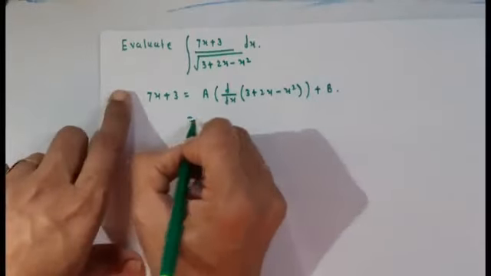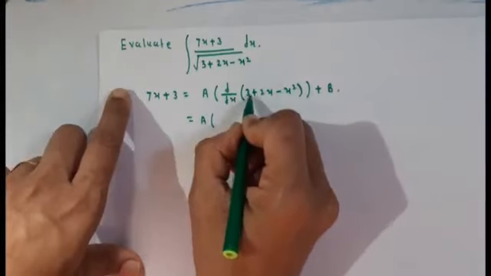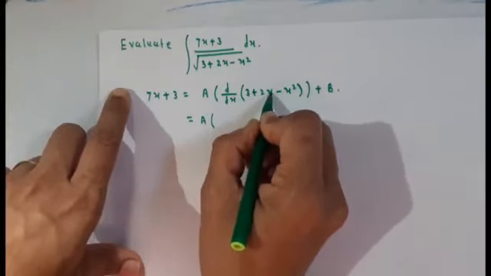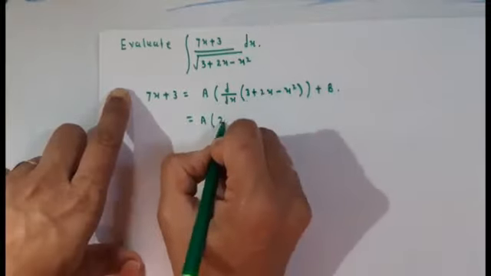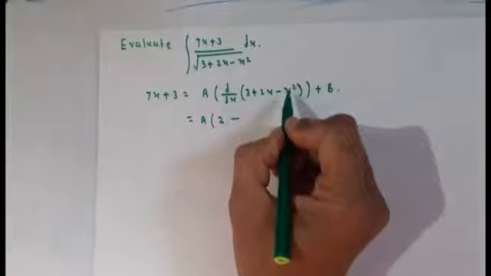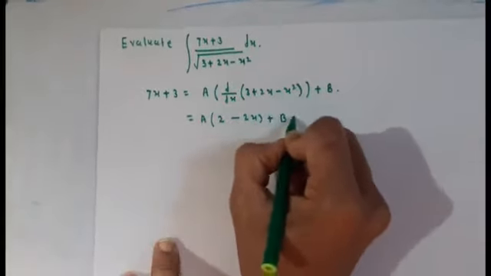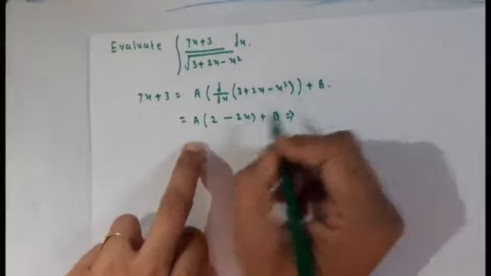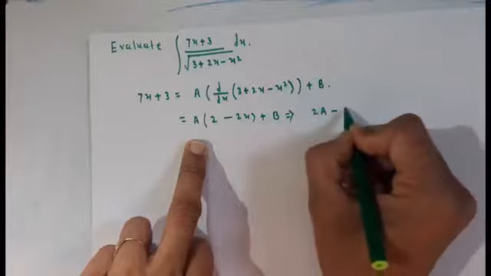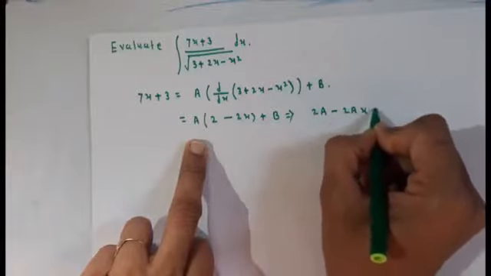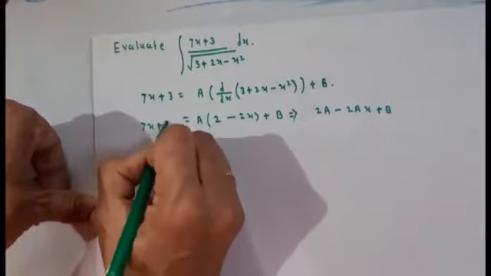So this is a into the derivative of 3, which is 0, plus 2 into the derivative of x with respect to x, which is 1, that's why the derivative of 2x is 2, minus the derivative of x square, which is 2x, plus b. Now solve the bracket: 2 into a is 2a, minus 2ax, plus b, and compare this with 7x plus 3.